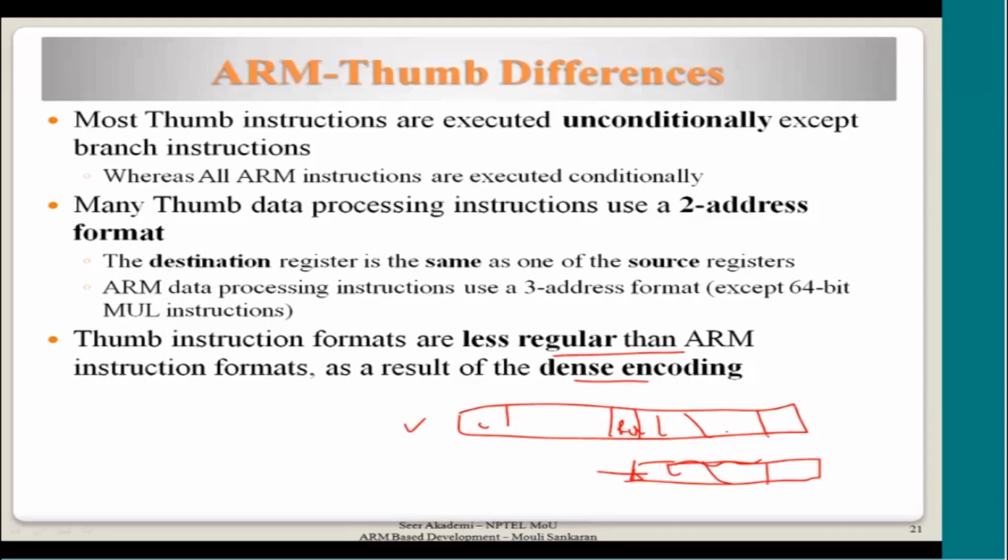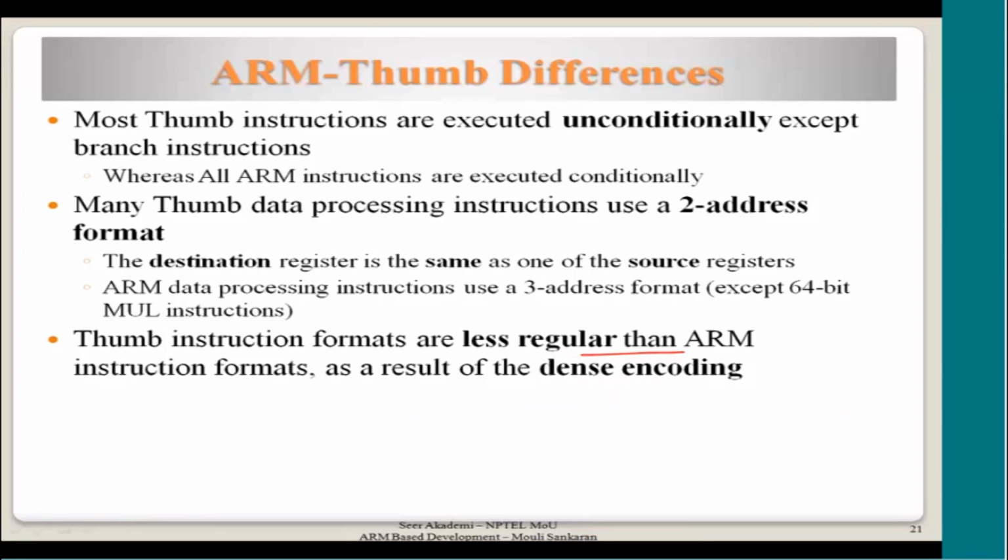All those fixed locations were possible because the ARM designers had 32 bits of instruction to place them, whereas in the 16-bit instruction encoding, they have to accommodate what is possible within that limitation. So it is a dense encoding.